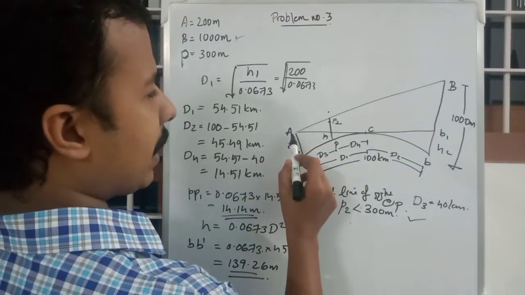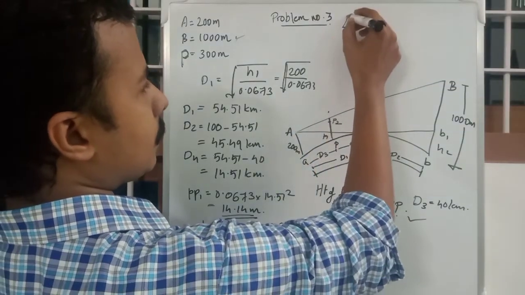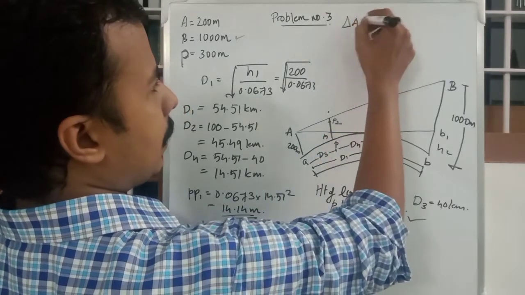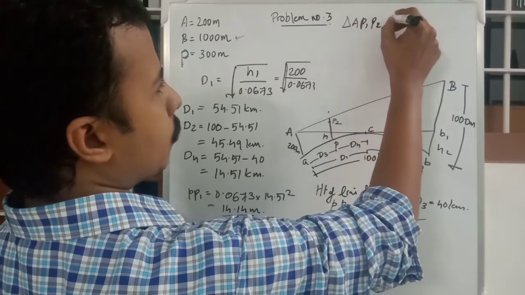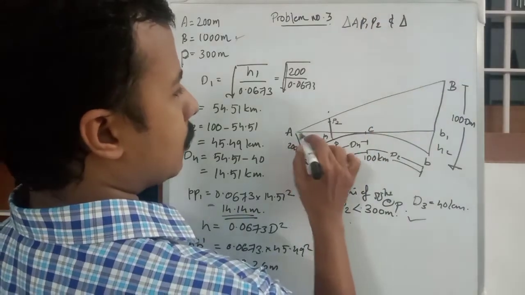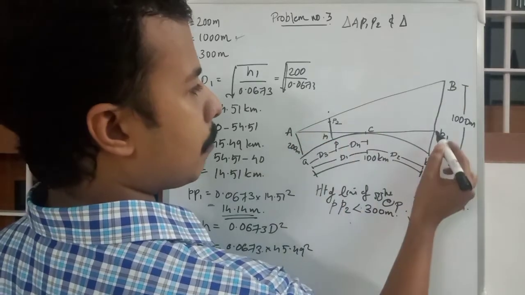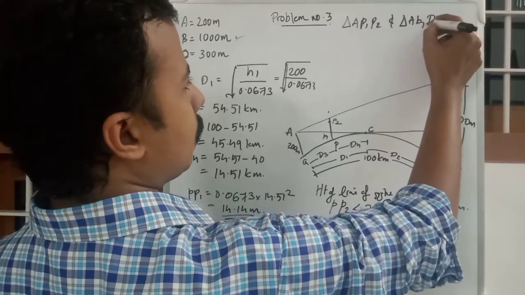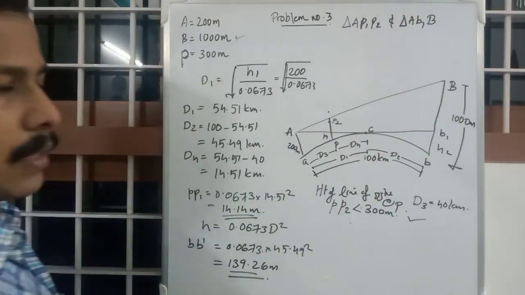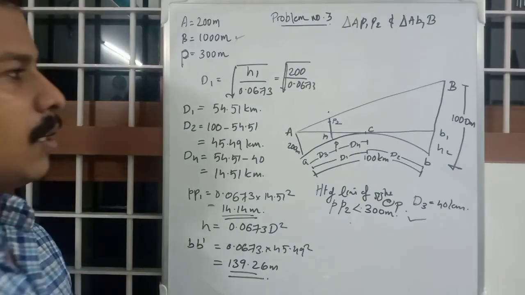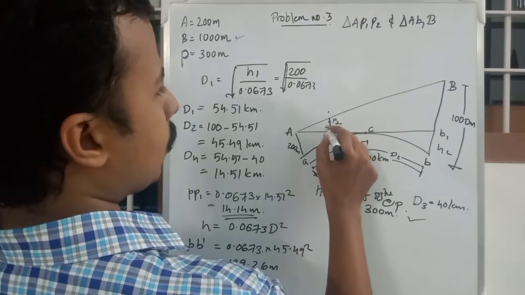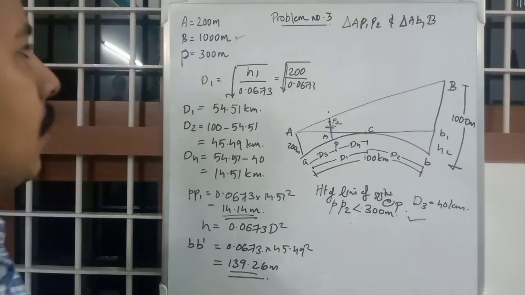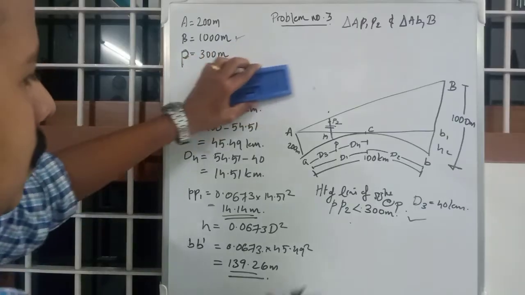The first similar triangle is the smaller triangle AP1P2, and the bigger one is triangle AB1B, capital B. Using these similar triangles we will find out the height of P1P2.